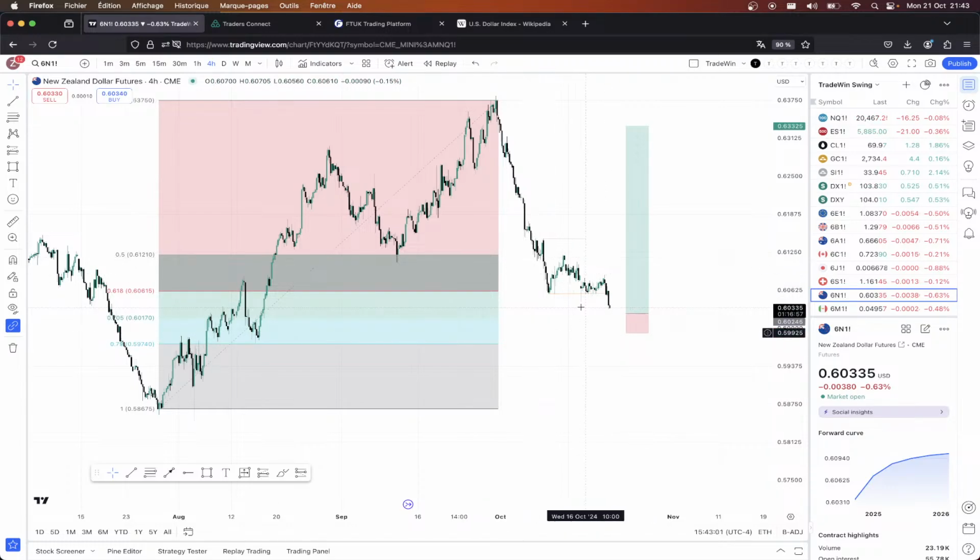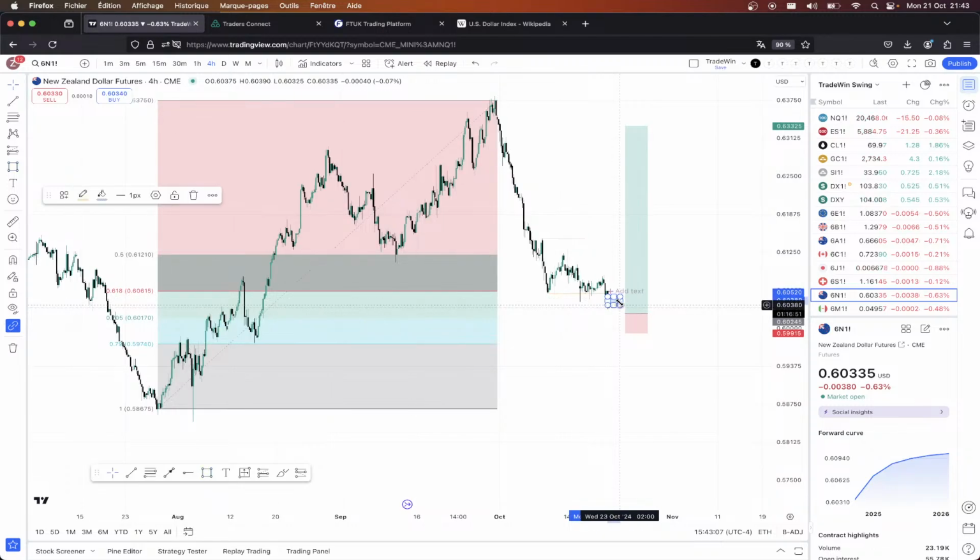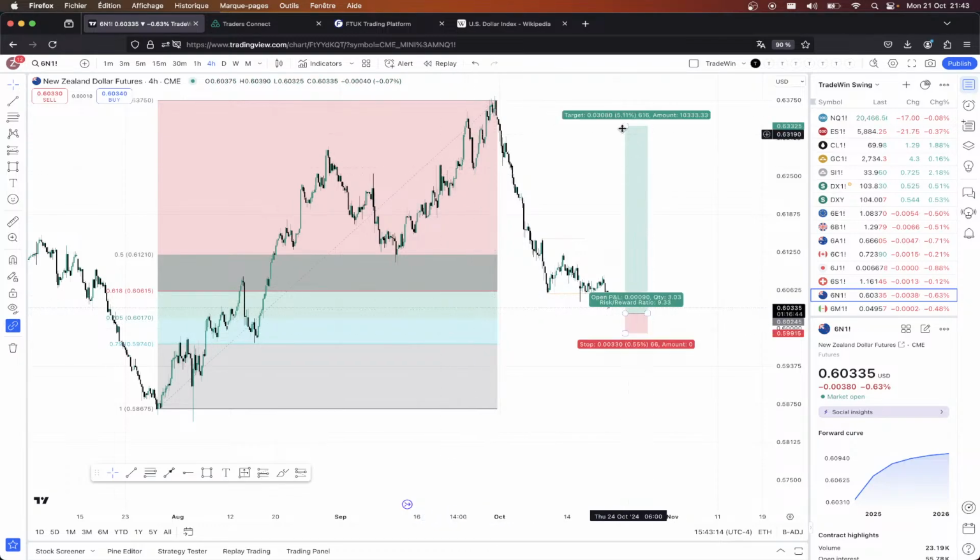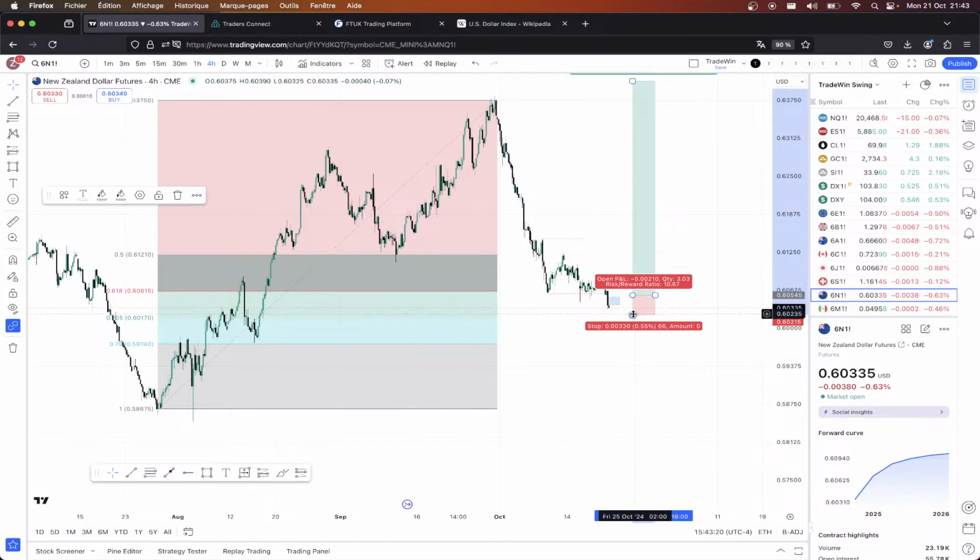If I reverse anything here and I have my friend dollar index that is inversing, this would be a nice trade. Okay, into a discount zone here, going long till the highs. This could be a nice trade, because why not?